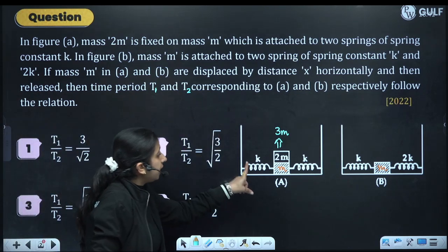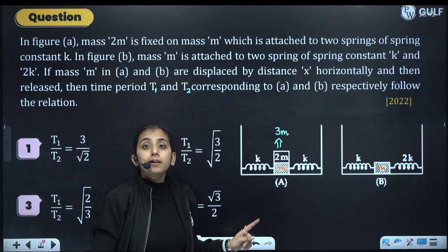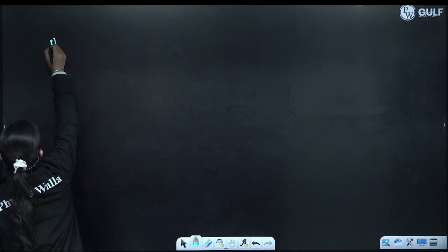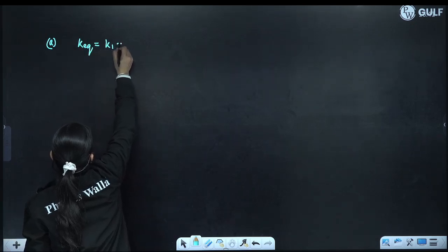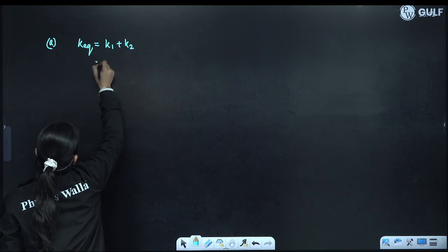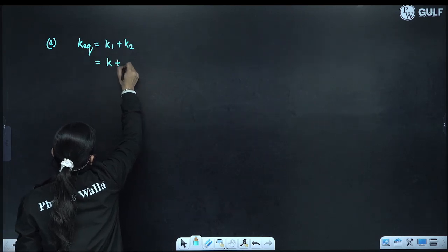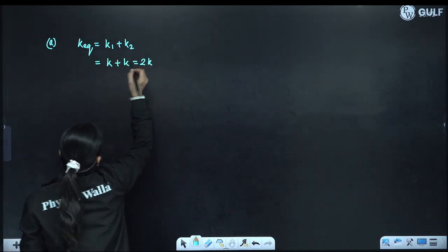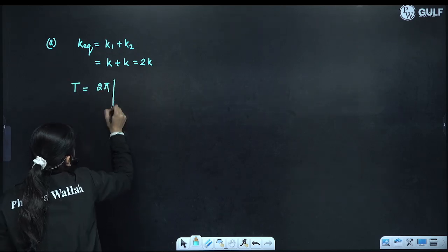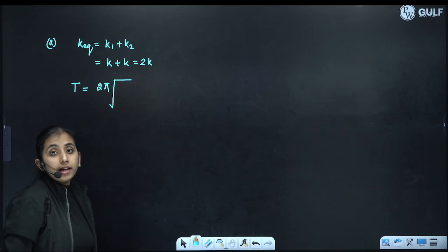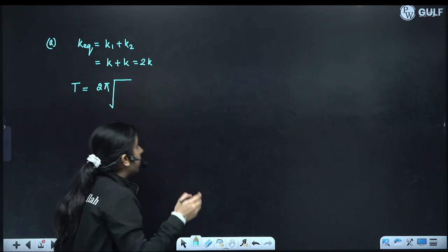Now, figure A, both the springs are in parallel combination. So what will be our K equivalent? In parallel, K equivalent is K1 plus K2. So it will be K plus K, which is 2K. So time period will be equal to 2 pi under the root of m by K equivalent.